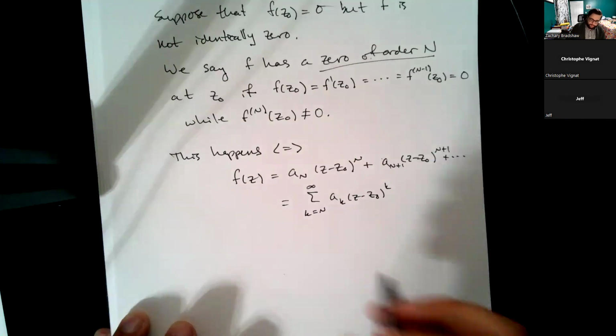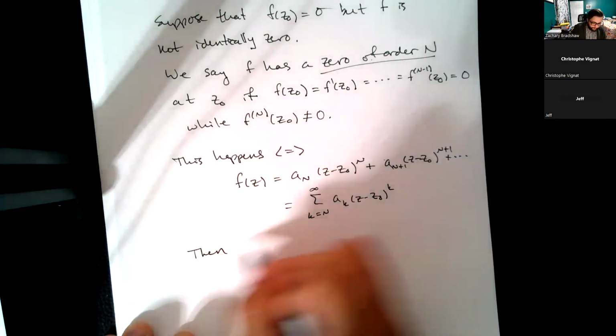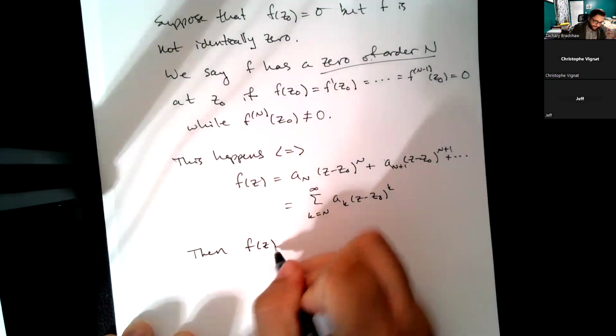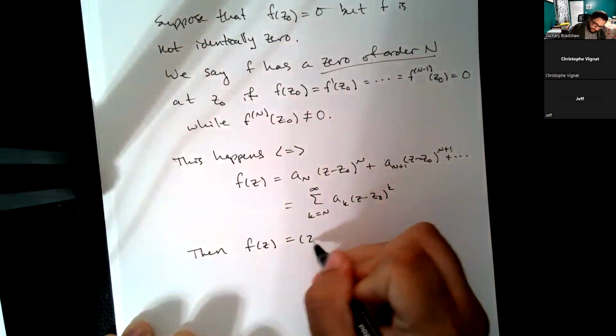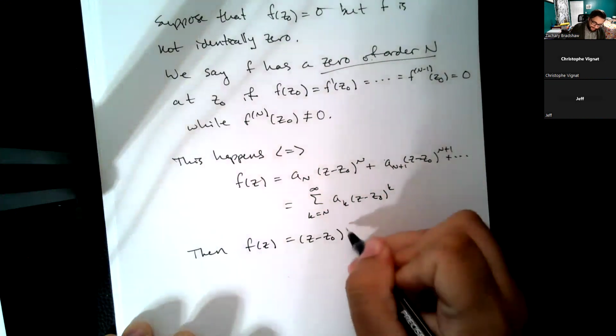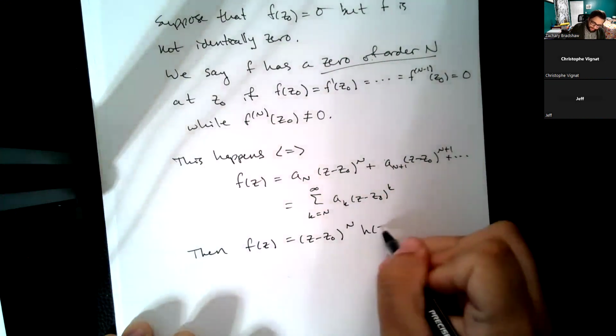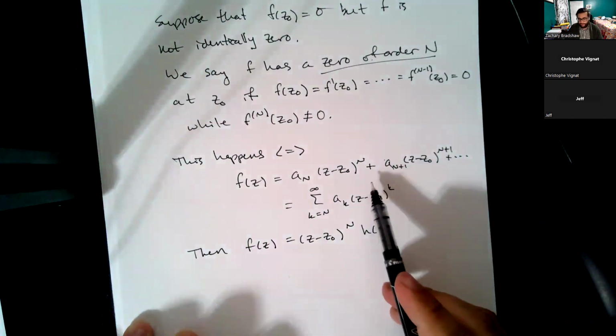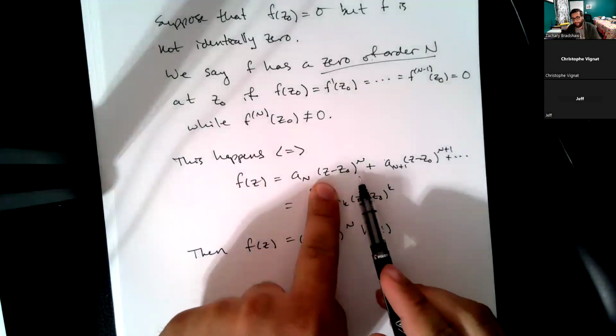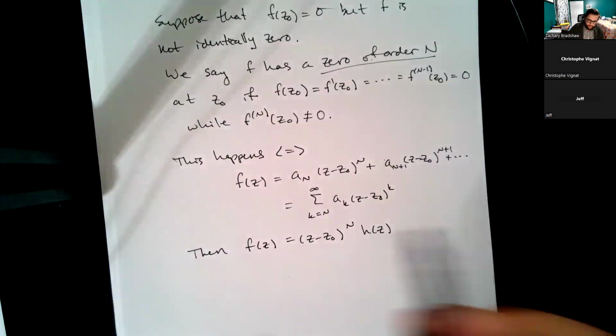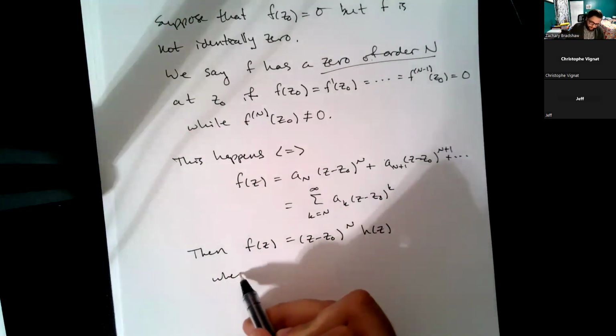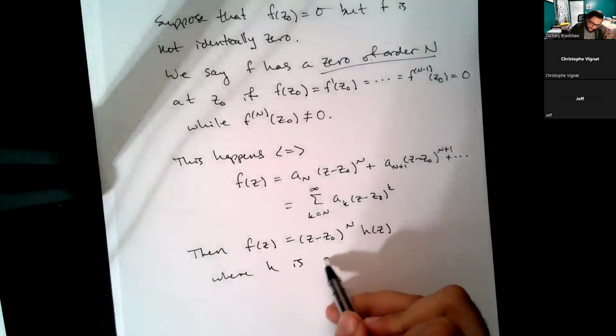Well, then that tells me that f of z must be equal to (z minus z naught) to the n times h of z. So what I'm doing here is I'm pulling out these n factors of z minus z naught, where h is now analytic.